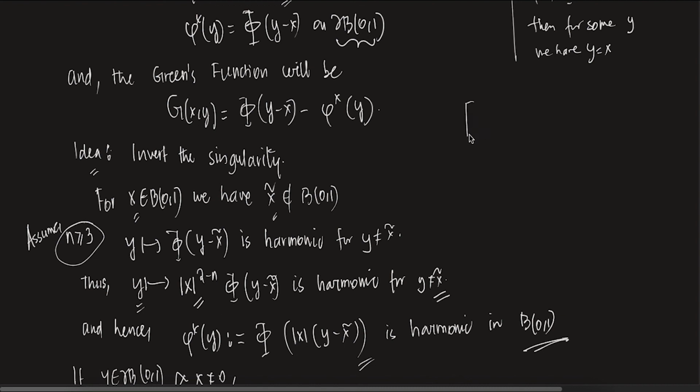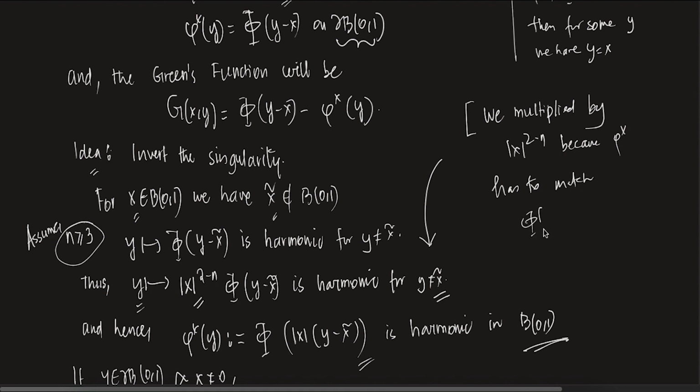Let me write it. We multiplied by mod x to the power 2 minus n here because phi x has to match capital Phi of y minus x on the boundary, right?